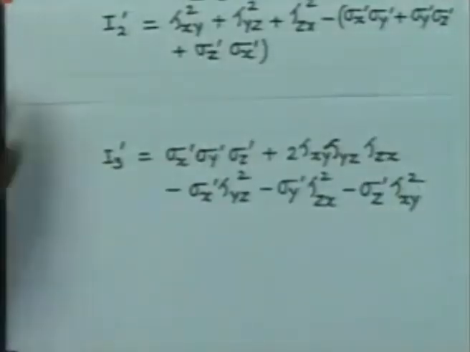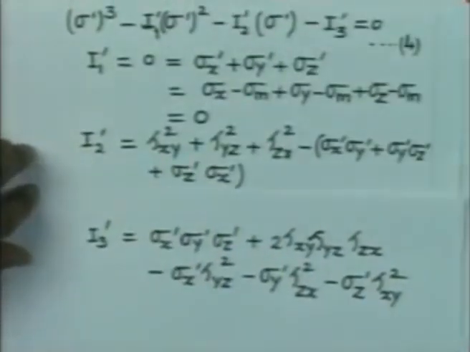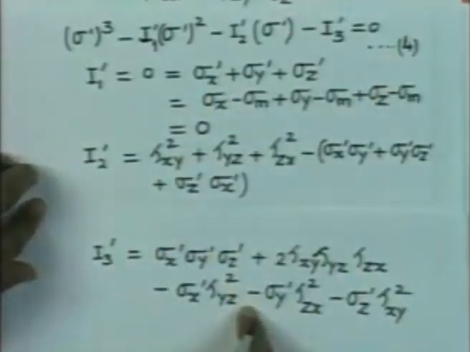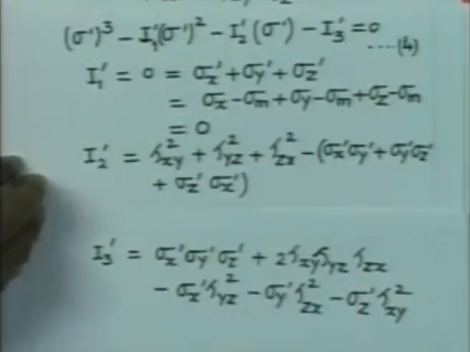So, we can solve the equation number 4 using these coefficients I1 dash, I2 dash and I3 dash.